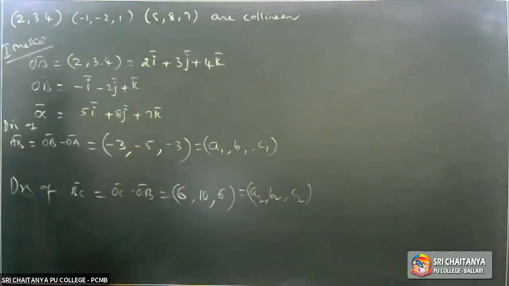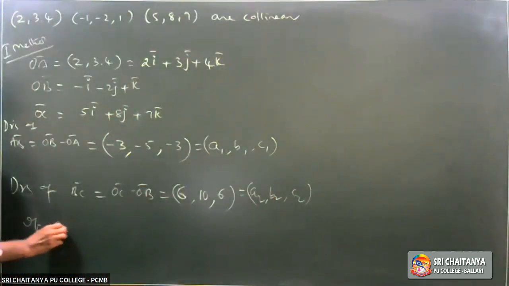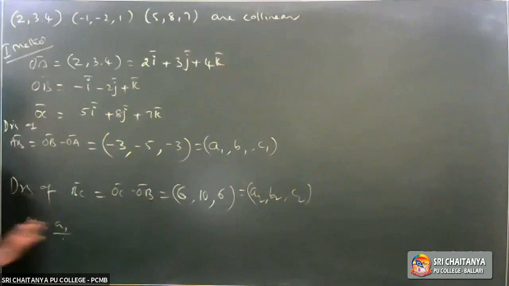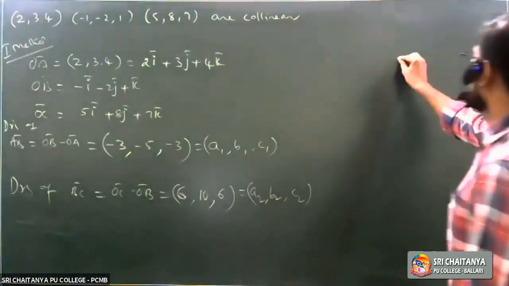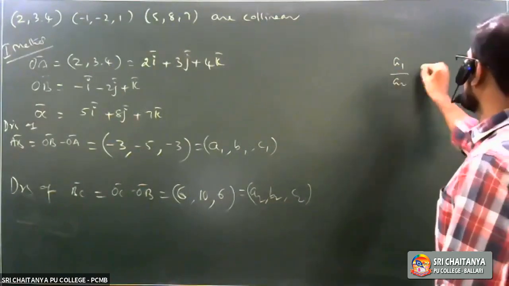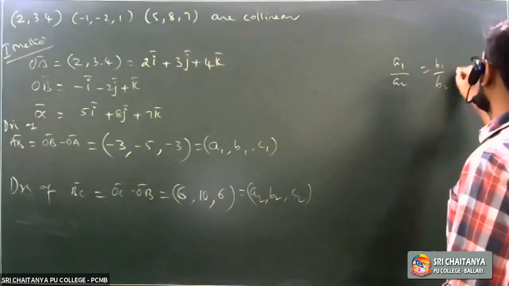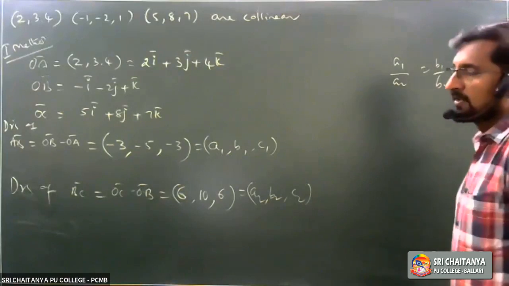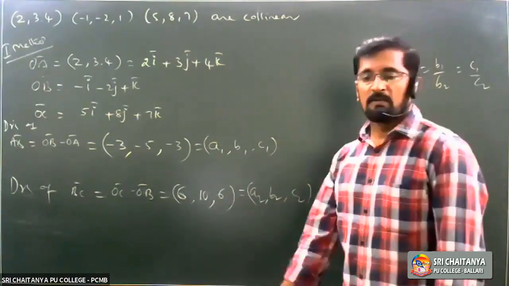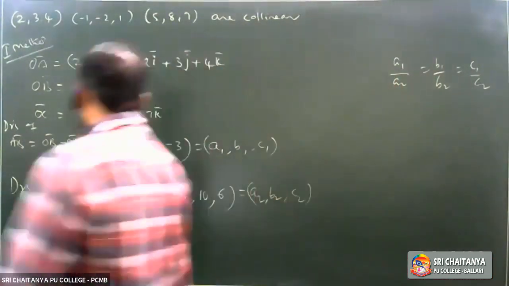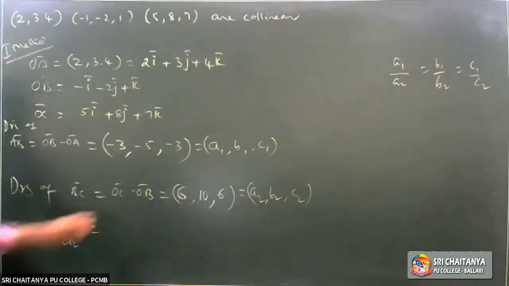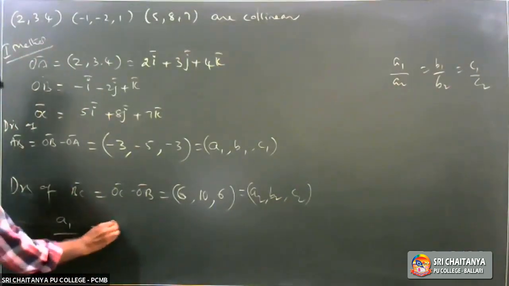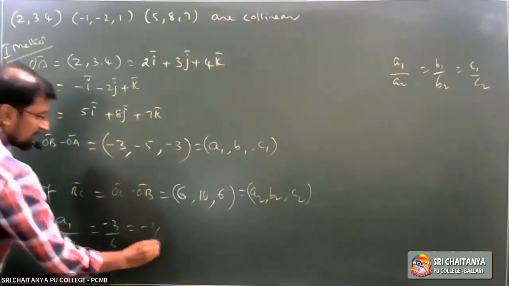Now, what is the condition? If A1 by A2 is equal to B1 by B2 is equal to C1 by C2, then the points are said to be collinear. A1 by A2 is -3 by 6, which is -1 by 2.